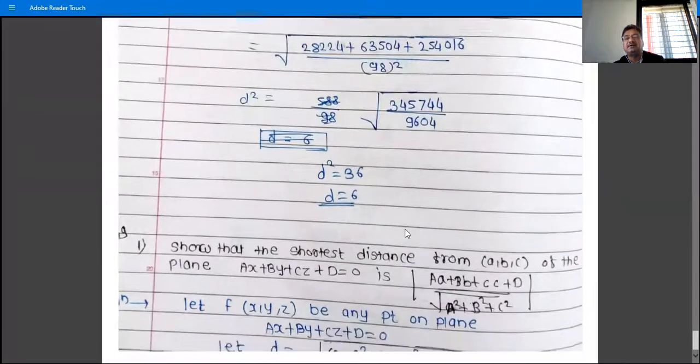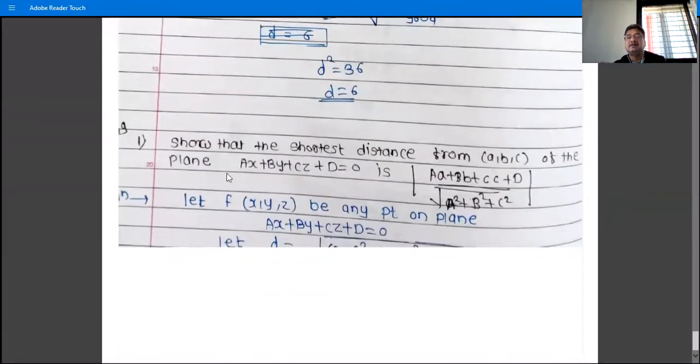Same procedure, that is first take the point xyz on this plane, xyz be any point on this plane, then it satisfies the equation. We have ax plus by plus cz plus d is equal to 0. This is pi. Now suppose d is the distance of the point ABC from the point xyz.